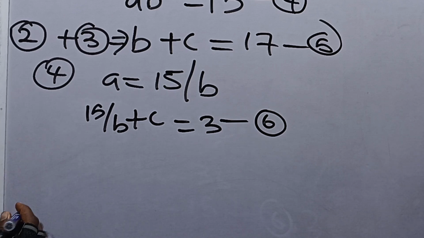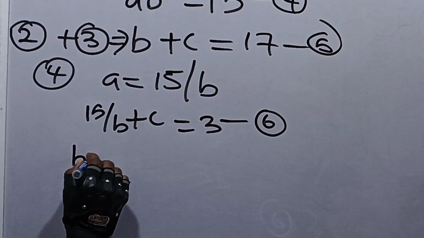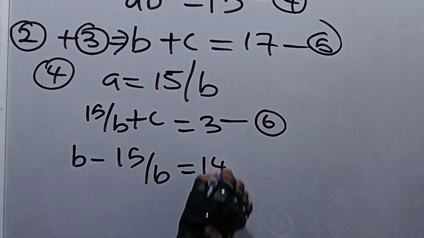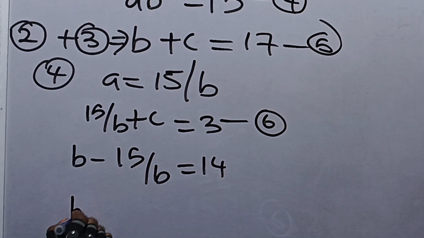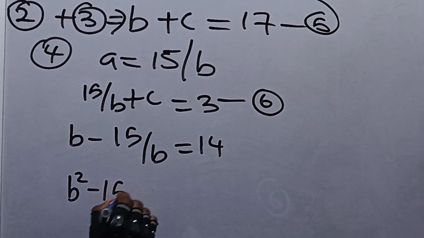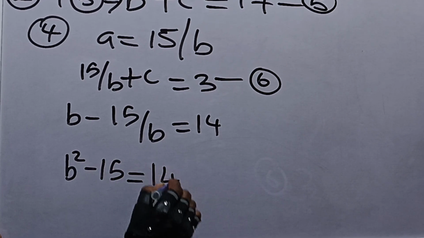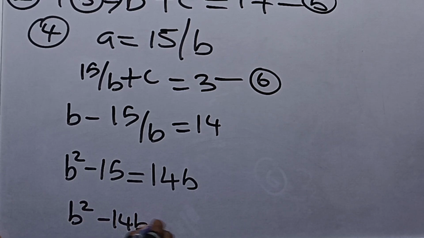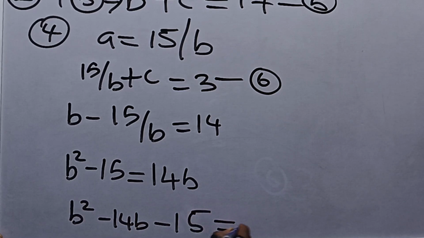Equation 5 minus equation 6 will give us b minus 15 over b equal to 14. Multiply each term by b, and we have b squared minus 15 equal to 14b. From here we have b squared minus 14b minus 15 equal to 0.